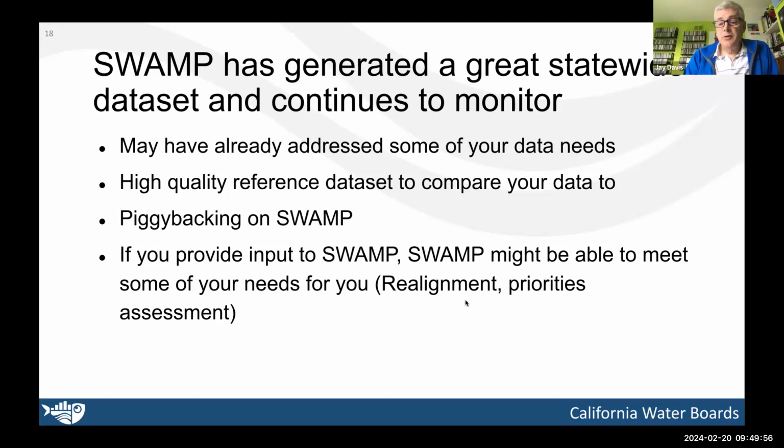And right now SWAMP is also undergoing a long-term priorities assessment, gathering input from the water board regions, but also tribes and community groups, on what the statewide program should be monitoring going forward. So I definitely recommend bringing your monitoring needs to SWAMP, and they might actually be covered one way or another.